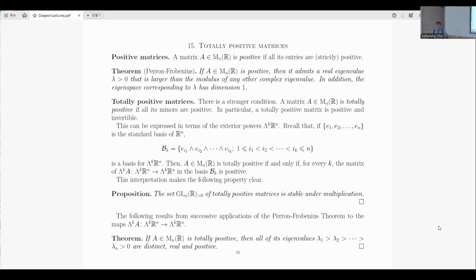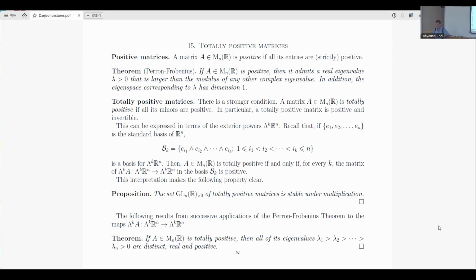There is a famous result in that area, well known for people doing dynamical systems. If you have a positive matrix, it admits an eigenvalue which is nicer than all the other ones. First of all, it's real, and then it's larger than the modulus of any other eigenvalue, including the complex ones. In addition, but I don't think we're going to need that, the eigenspace has dimension 1.